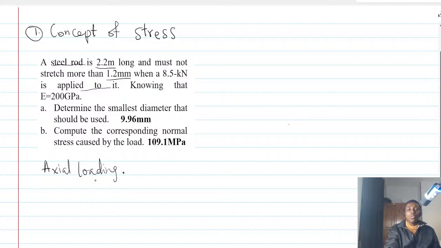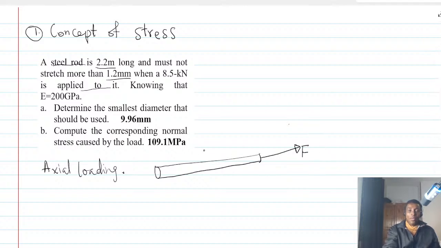Okay, so for axial loading, this is what happens. Let's say you have an initial rod which was like this, and then with this rod you apply a force or a load.